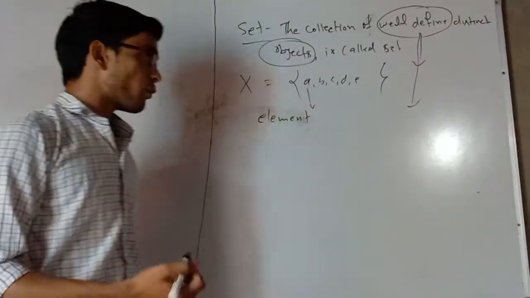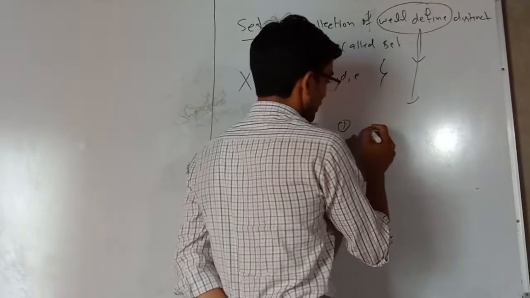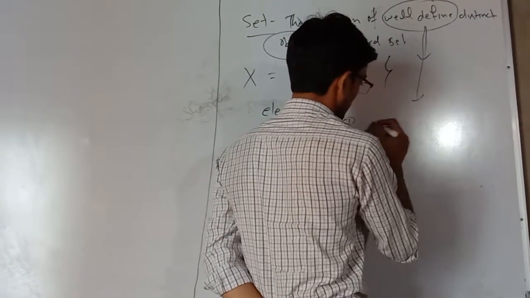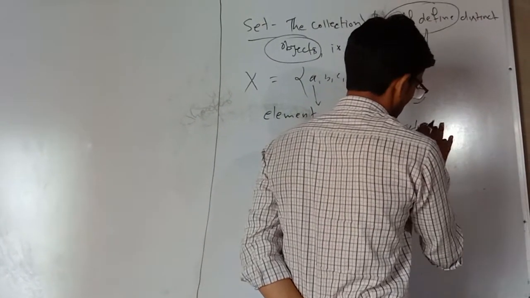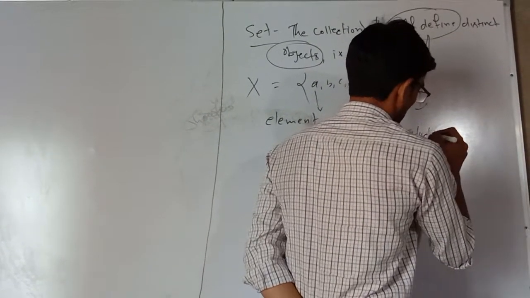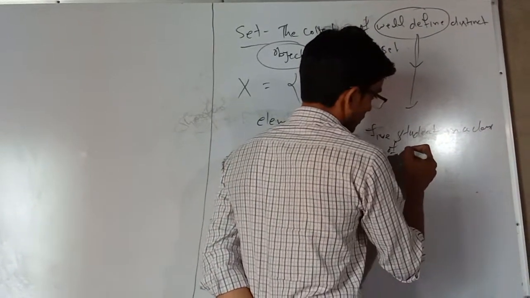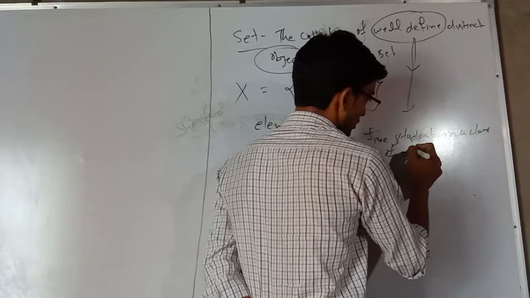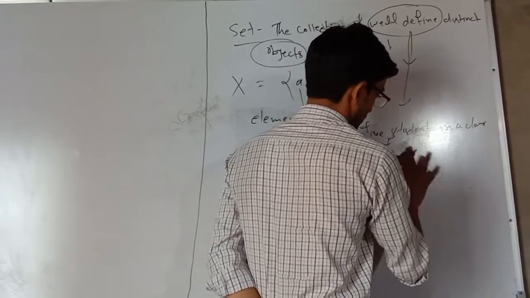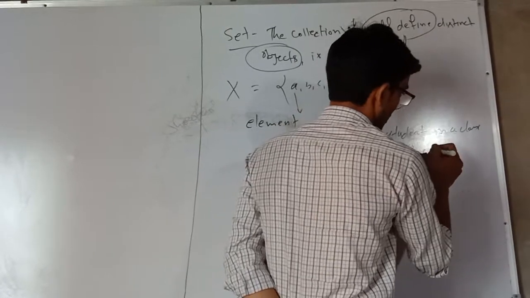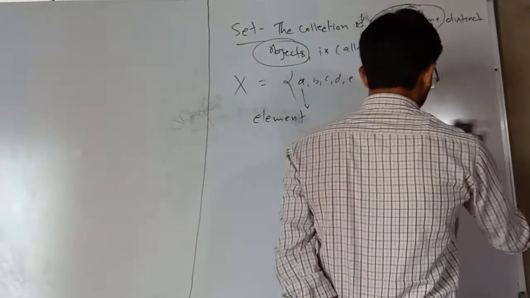So well-defined means, suppose there are 5 students in a class of 10th class.